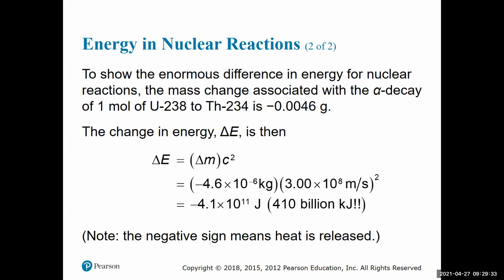What's interesting is you get minus 4.1 times 10 to the 11th joules, which is 410 billion kilojoules. The negative sign, as we remember, means exothermic. So that means that energy is being given off. Think of how big that number is. And that's for 1 mole. 1 mole is not very much.